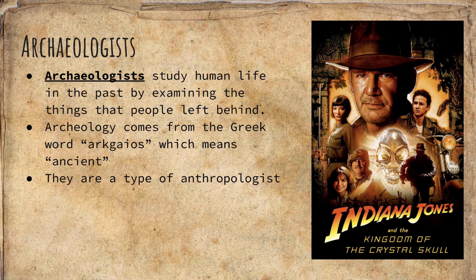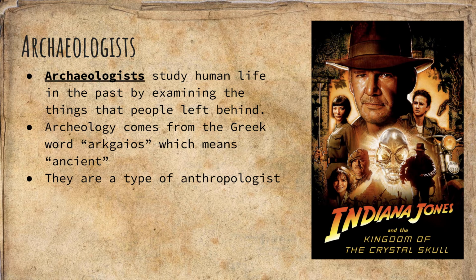So archaeologist. There's a difference between an anthropologist and an archaeologist. Archaeologists are people that study human life in the past by examining the things that people left behind. That could be a cup or a document, a letter, all types of examples of things that archaeologists could find in a dig.